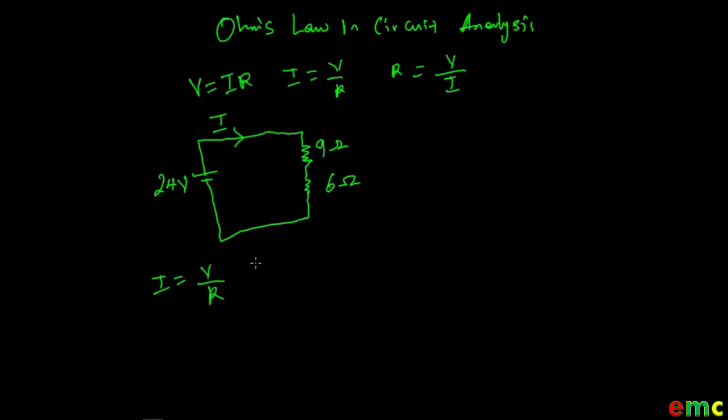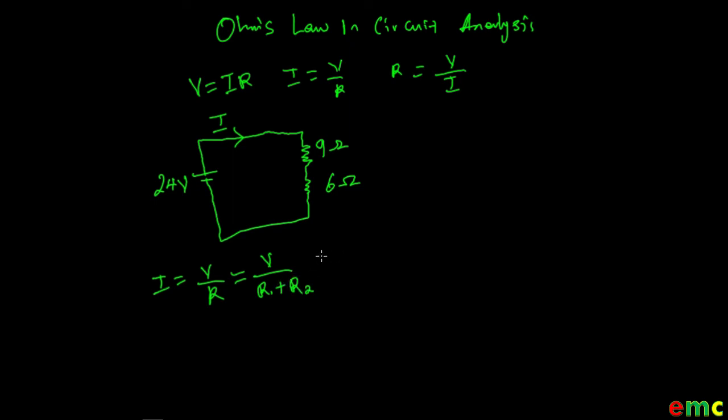But in a series circuit, to find the equivalent resistance, you find the sum of the resistances. That means in this circuit we have our current equal to voltage over the first resistance plus the second resistance.